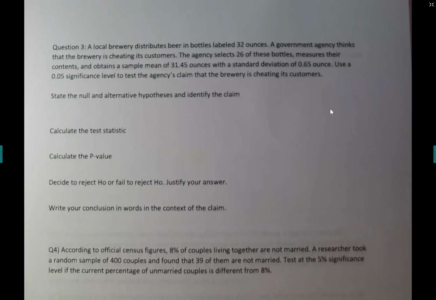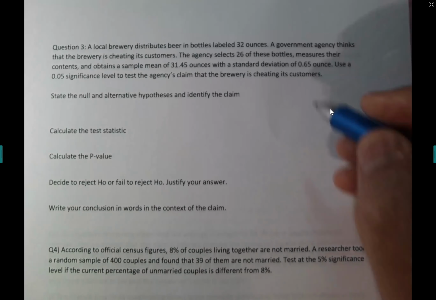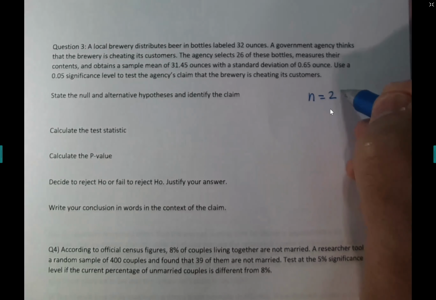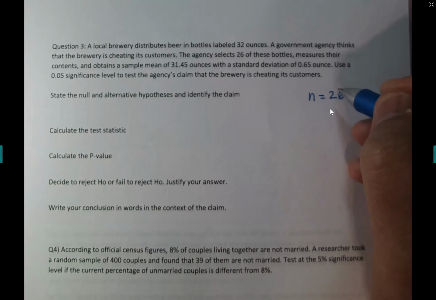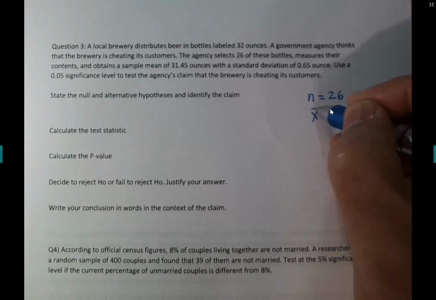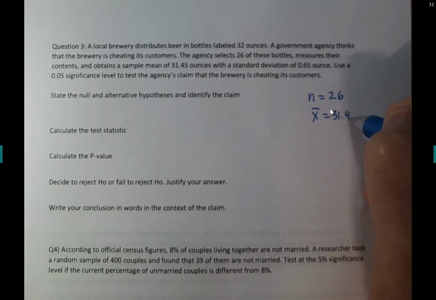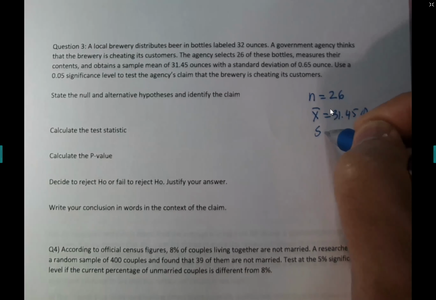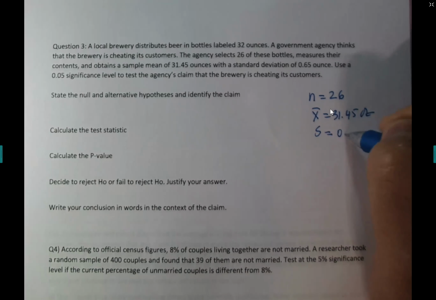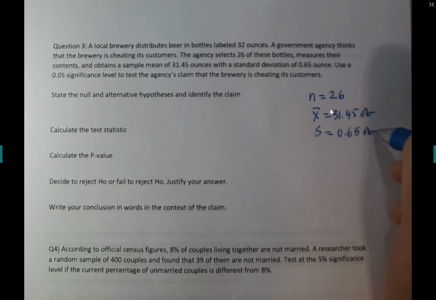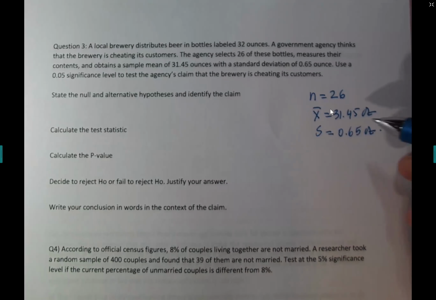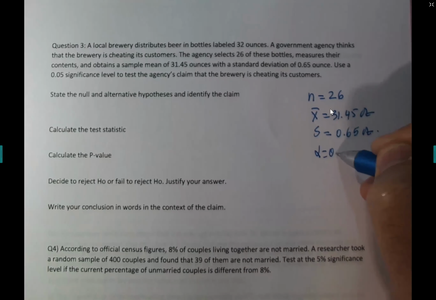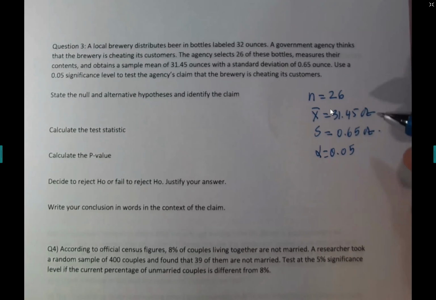The agency selects 26 of those bottles, so N is 26. Measure their contents and obtain a sample mean, X bar, of 31.45 ounces, and a sample standard deviation S of 0.65 ounces. Use alpha equals 0.05, guys, to test the claim that the brewery is cheating its customers.